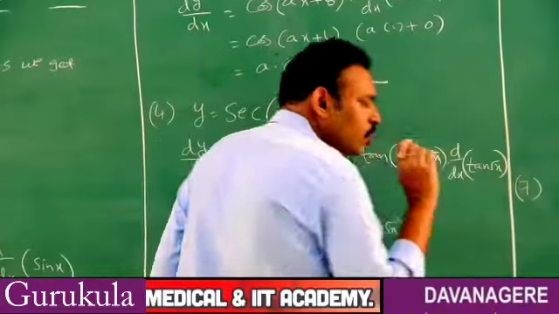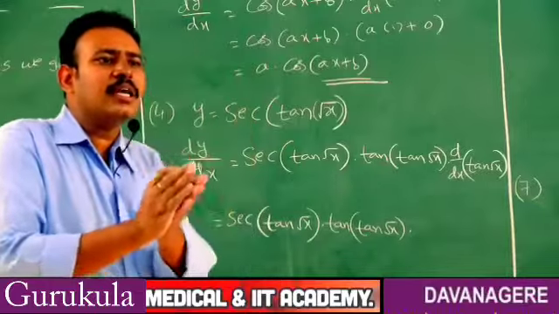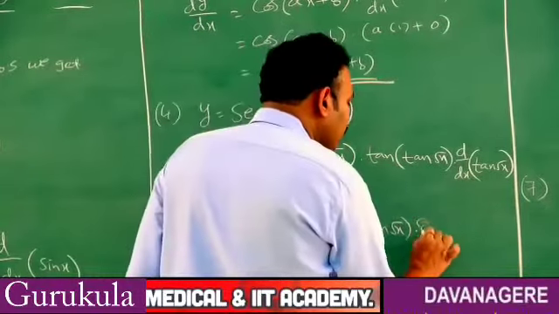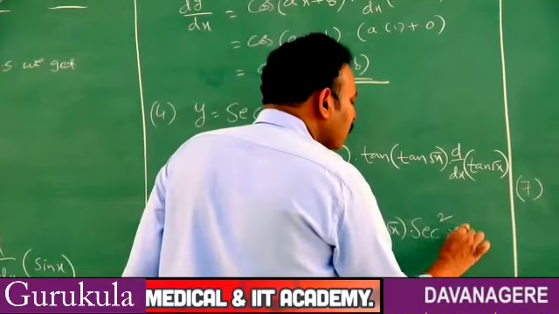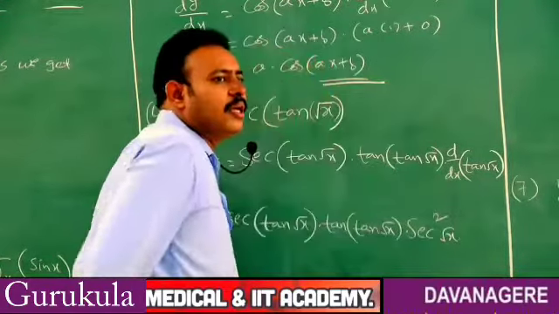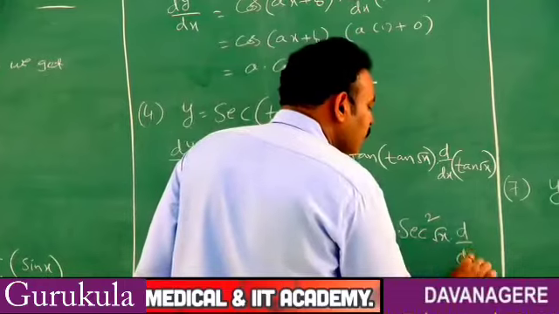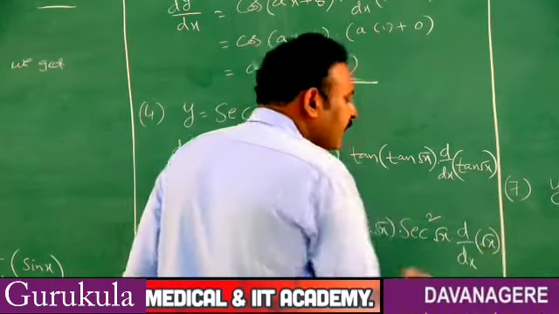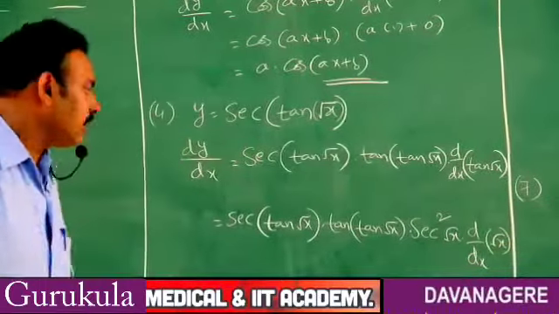Again here root x is there. You can consider it as x. Derivative of tan x is secant square x into d by dx of what is there in x's place, root x. In place of x, root x it is.